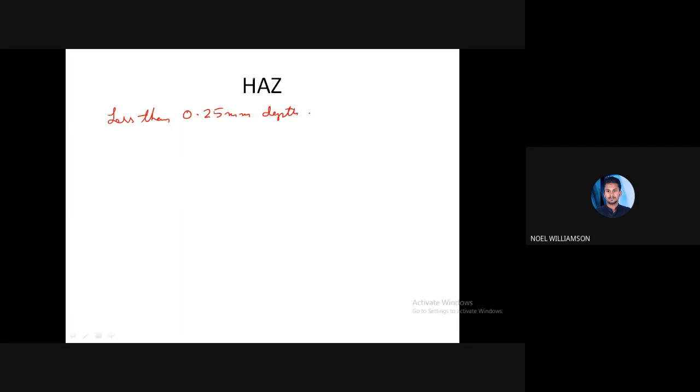So the depth through which the material is affected by the heat is only less than 0.25 mm.